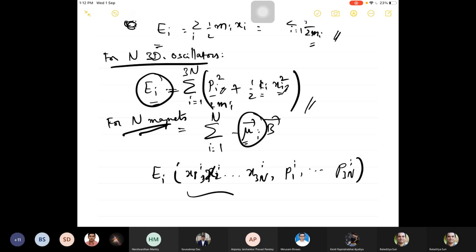So the phase space is usually 6n dimensional when you have n particles in 3 dimensions.